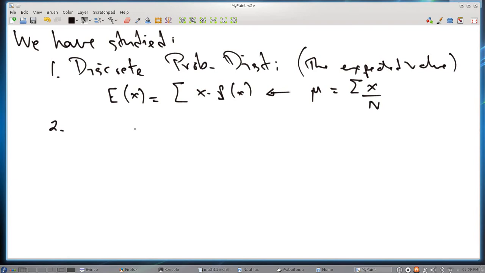The next distribution that we studied was the binomial probability distribution, which has this expression.